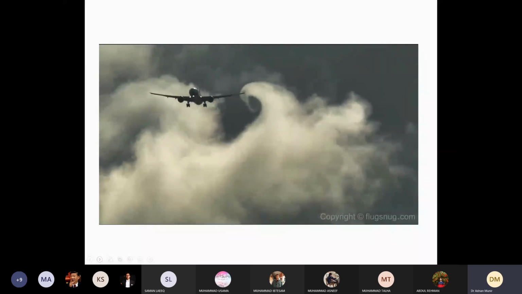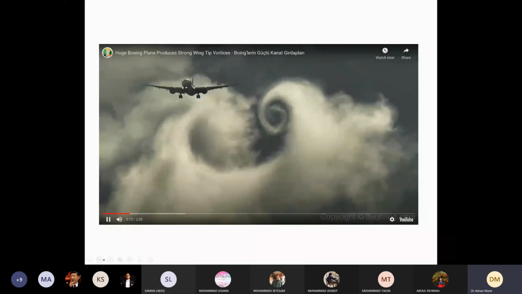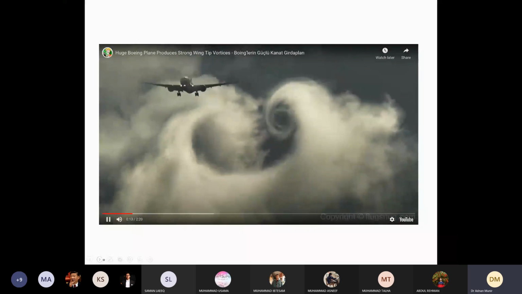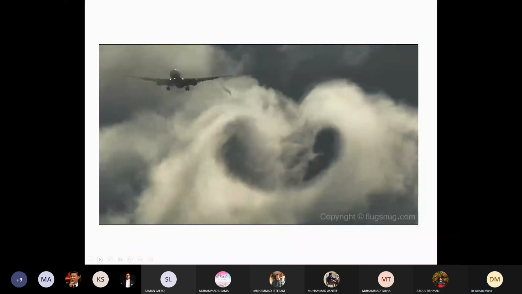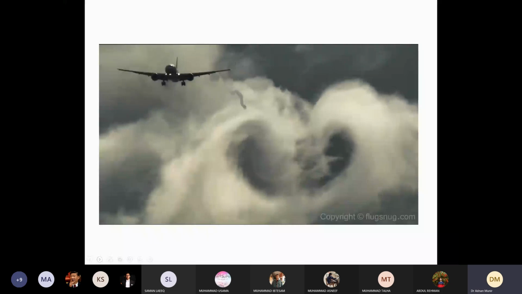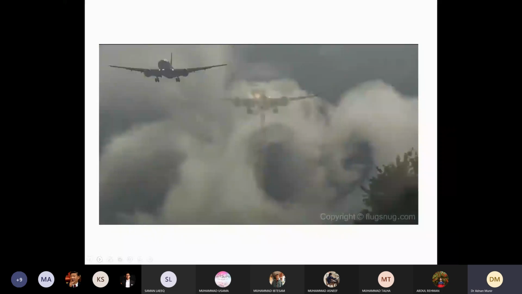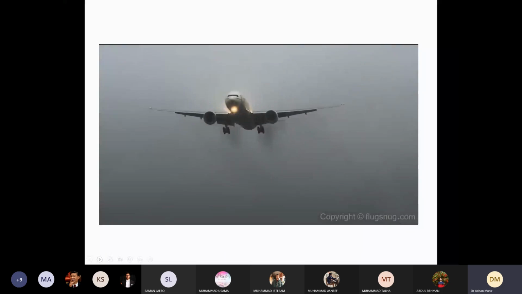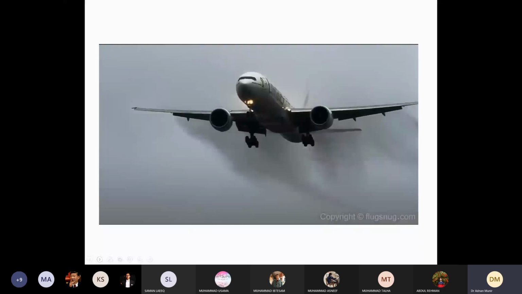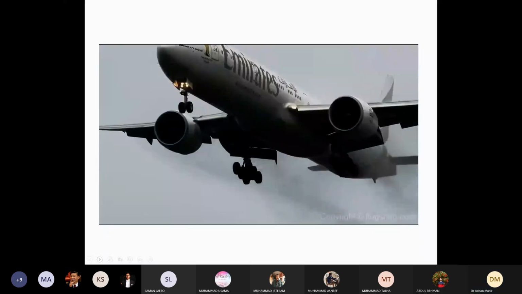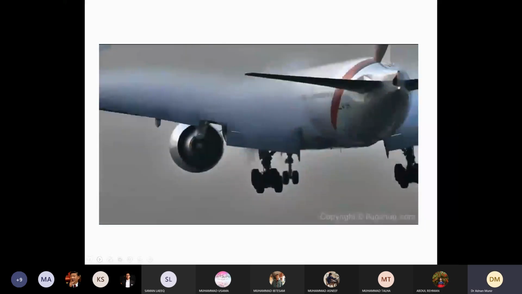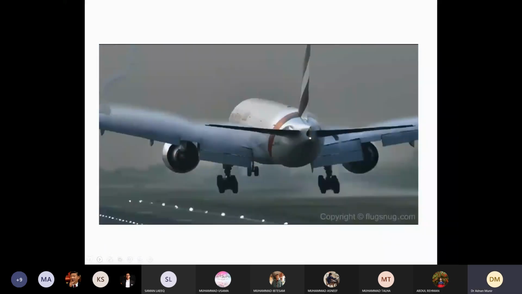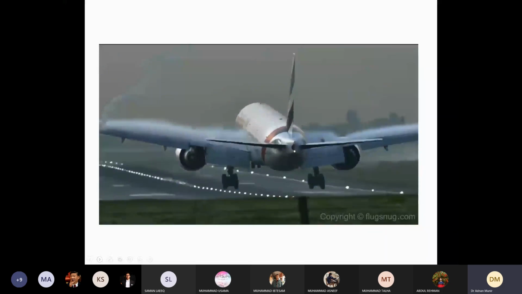You can see the tip vortices behind the aircraft, in this case a commercial Boeing aircraft. See the tip vortices, they can be clearly seen, the helical vortices that we talked about.